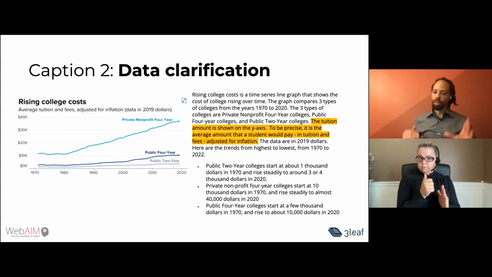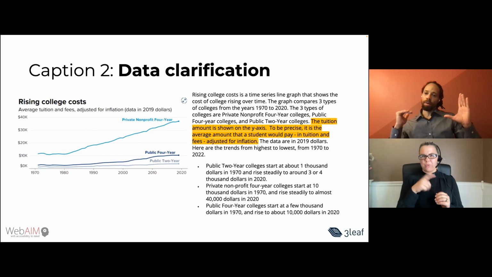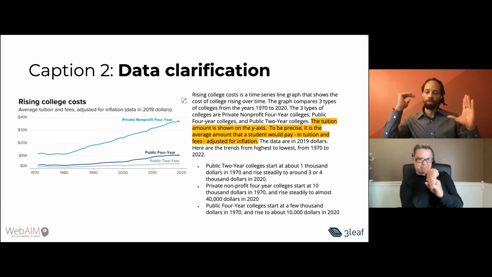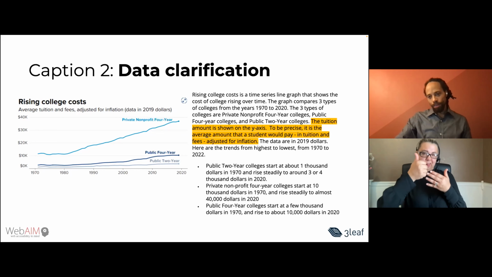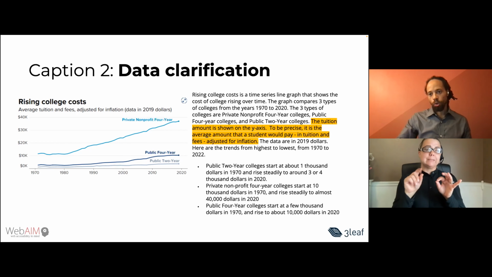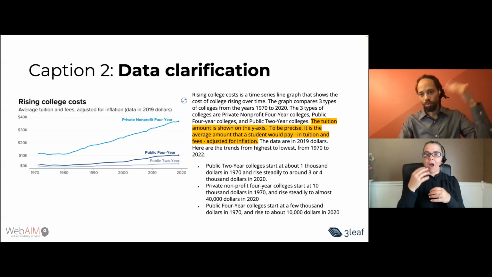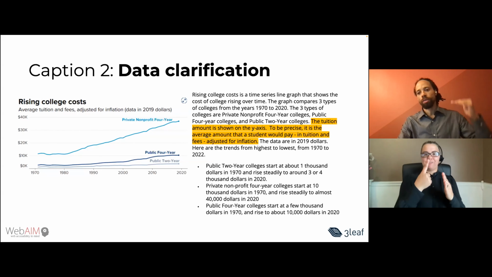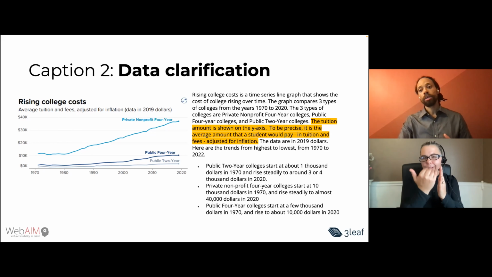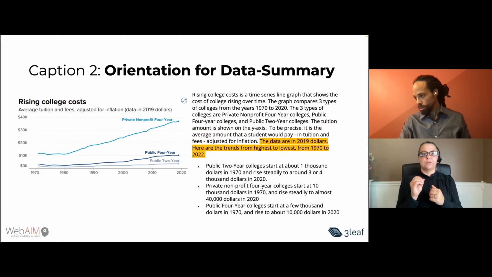And we have to fight to get the important verbiage up toward the top, because the closer a word is to the top, the more likely it is to be read. Folks are going to drop off, more likely as the reading continues. So you want to make sure that the most important stuff for understanding the data is moved up toward the top. So that's our data clarification.